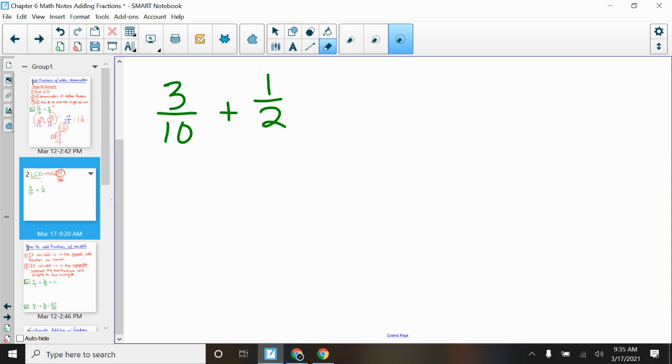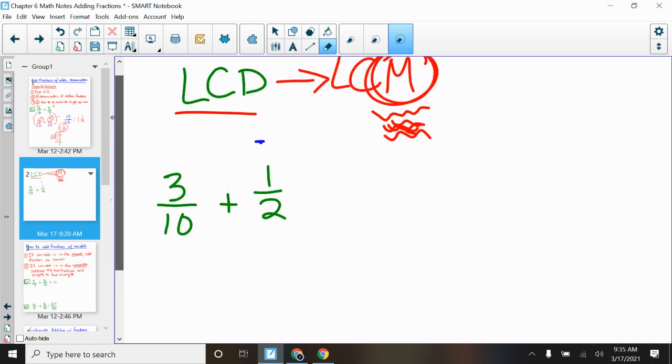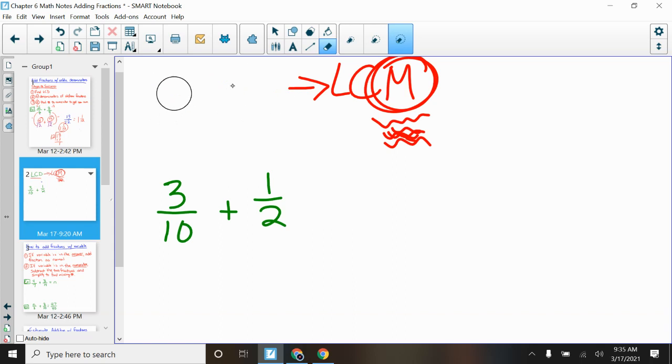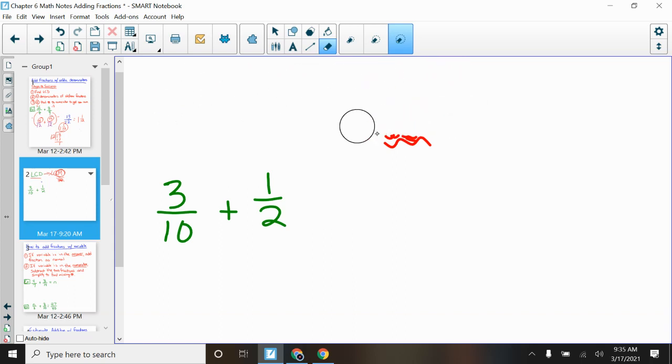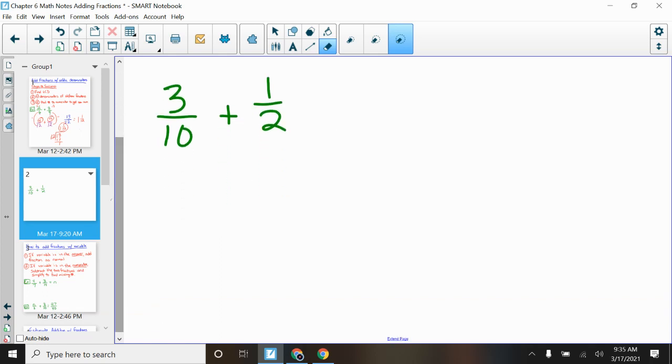Use those steps if you need to help you through the problem. And remember, least common denominator means you're searching for a multiple that 10 and 2 have in common, and the easiest route would be choosing the smallest one. When you have it, raise your hand and I'll come around and see.